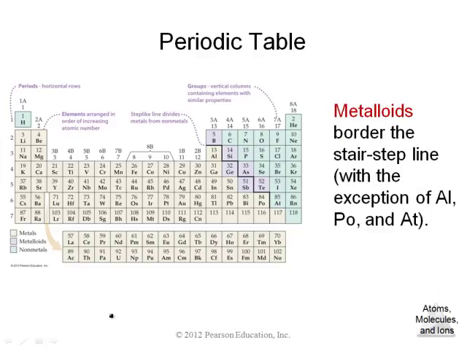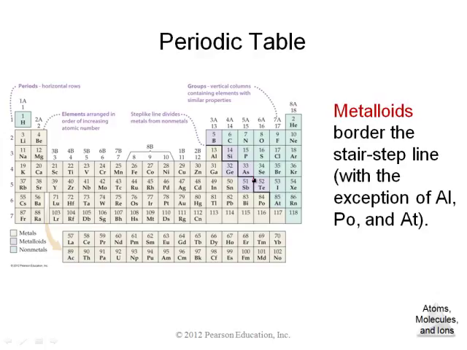And then we have the metalloids, which border the stair step line, with the exception of aluminum, polonium and astatine. Again, if you look at the slide here, you can see a bold line going like a stair step, right? Maybe if you look here, this would be clear to you.